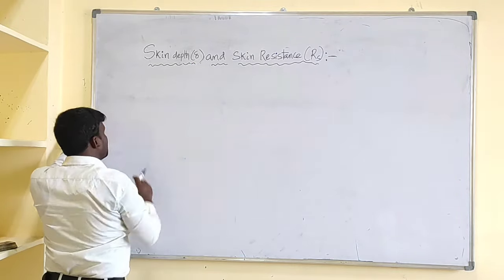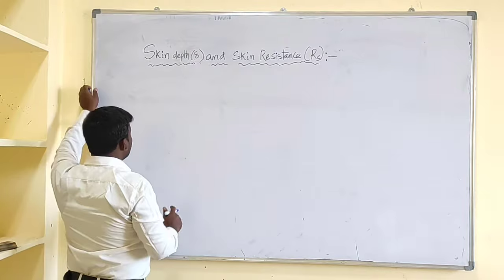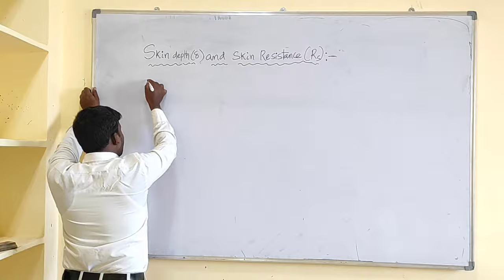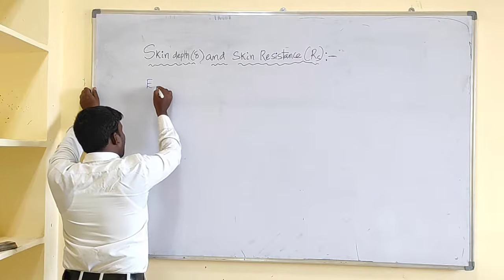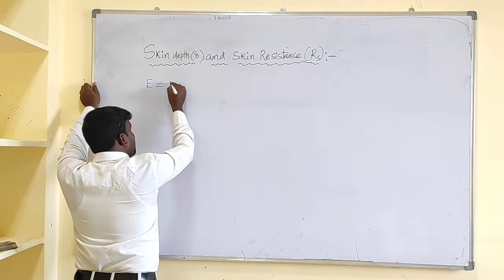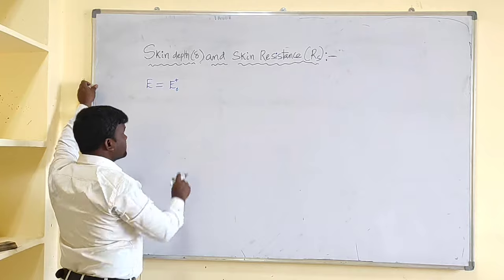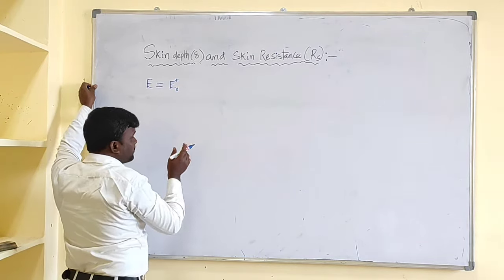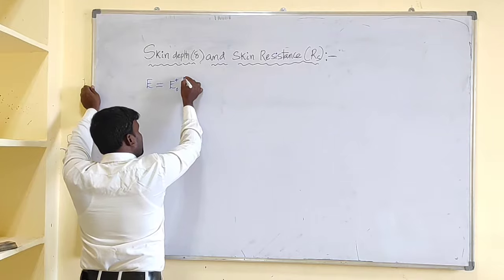How can we define skin depth? Generally, the representation of electric field or magnetic field for a lossy medium is equal to what? Its amplitude part, that is E naught plus, the initial amplitude. As the wave is traveling with respect to distance, it is attenuated by the attenuation factor alpha.